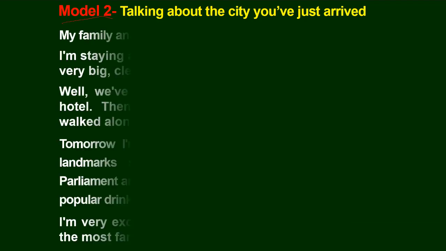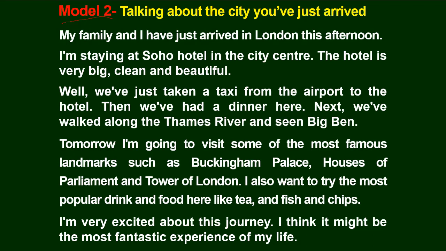And now model 2. Okay, so you can write it also on your notebook. Let's start to read. Here we go. My family and I have just arrived in London this afternoon. I am staying at Soho Hotel in the city center. The hotel is very big, clean and beautiful. Well, we've just taken a taxi from the airport to the hotel. Then we have had dinner here. Next, we have walked along the Thames River and seen Big Ben.